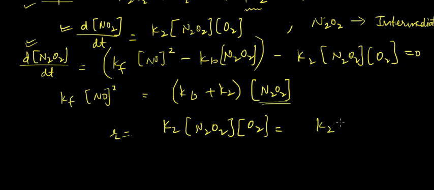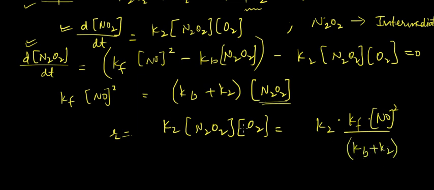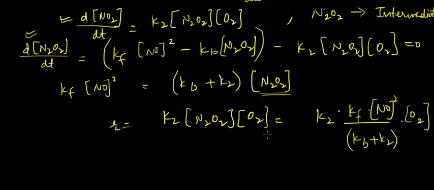N2O2 from the above equation can be written as Kf times NO squared divided by Kb plus K2 multiplied with O2.